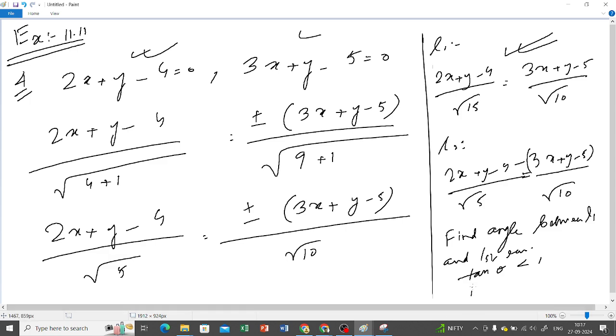If tan theta is greater than 1, then L1 will be the bisector of the obtuse angle, and L2 will be the bisector of the acute angle.